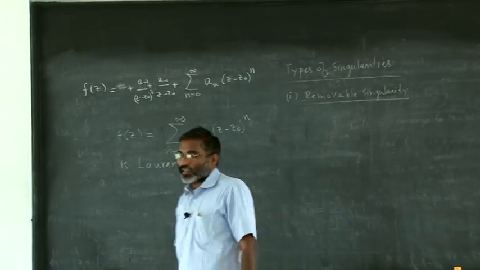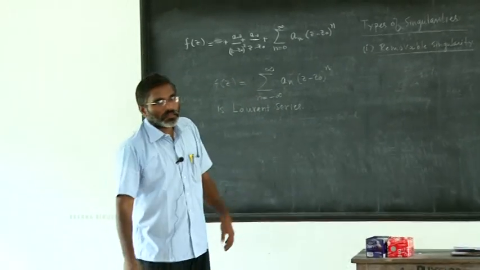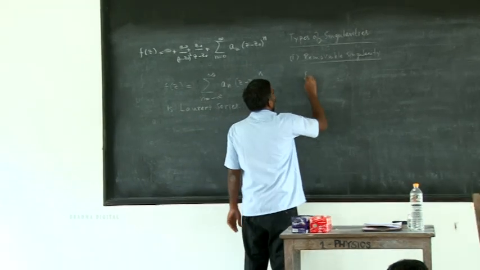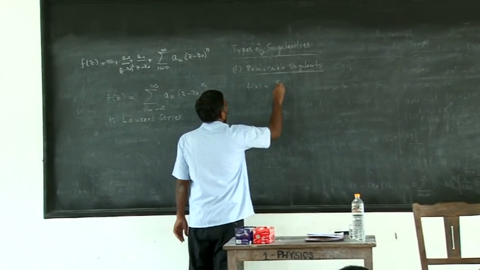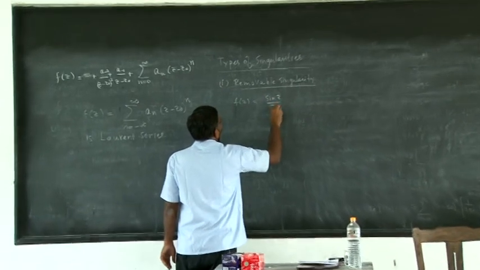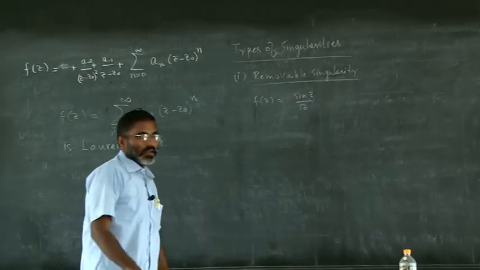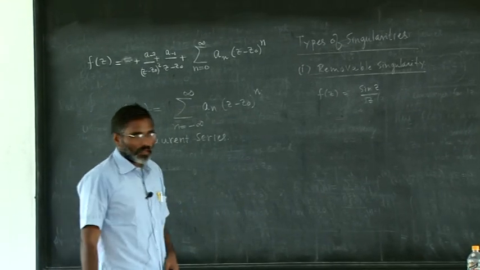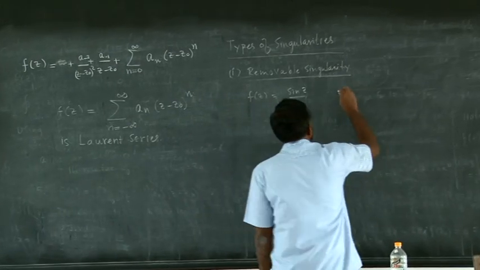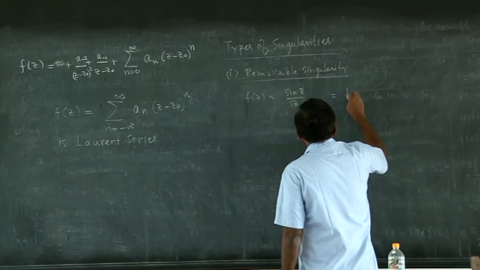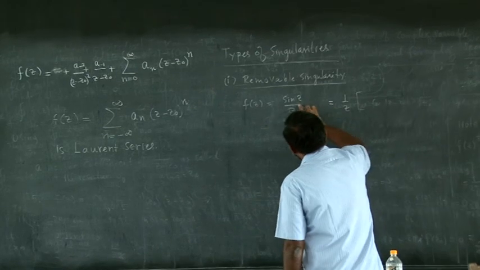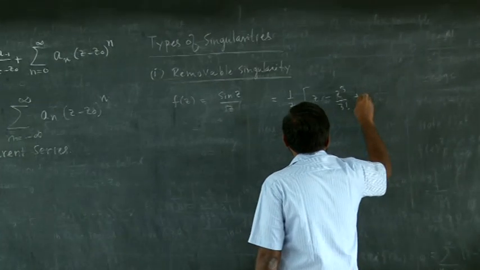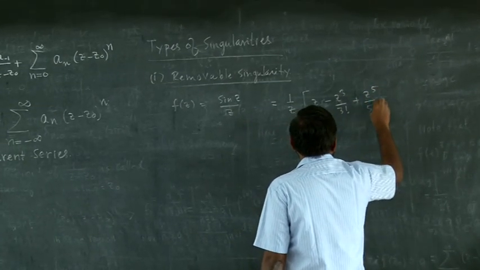Basically, if you look at the function, it appears there is a singularity, but that's not a singularity. Let's consider an example like this: f of z is equal to sin z by z. It appears that at z equal to 0 it goes to infinity. But if you actually look at this, it is 1 over z into the expansion of sin z: z minus z cubed by factorial 3 plus z to the power 5 by factorial 5 and so on.